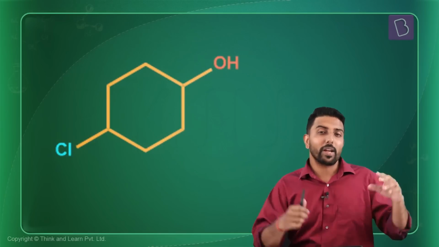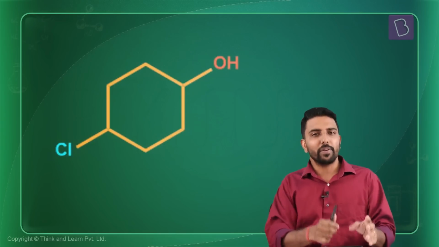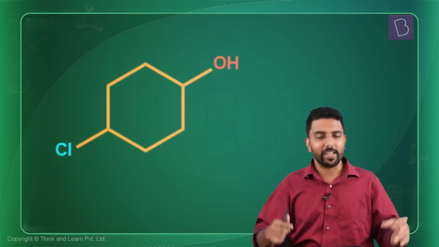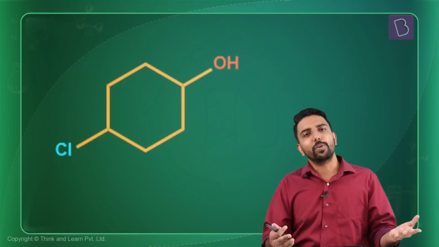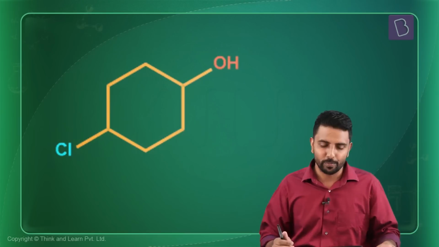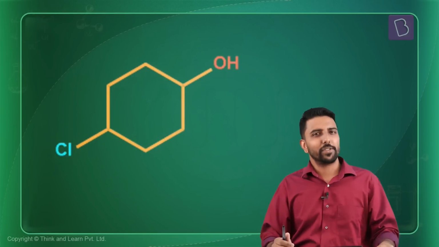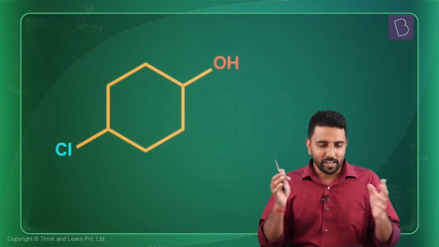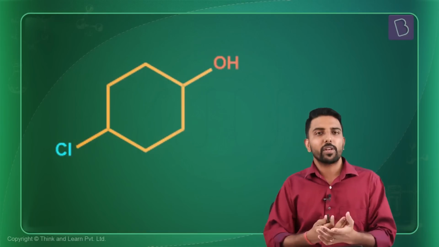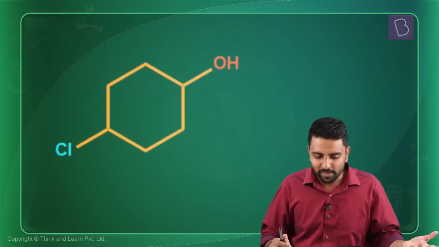Since this compound is not acyclic, it is a cyclic compound, the primary prefix automatically has to be cyclo. Now, between the two substituents, the hydroxyl group and the chlorine group, which takes precedence? It's going to be the hydroxyl group, isn't it? Hydroxy comes out at the top, whereas chlorine happens to be the other substituent.